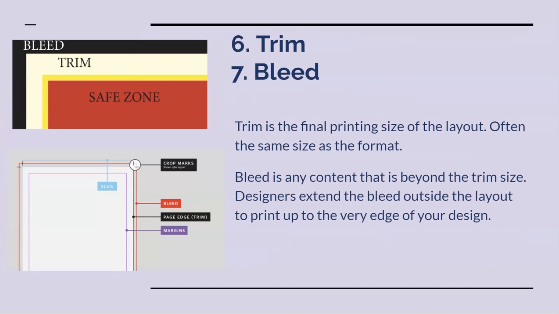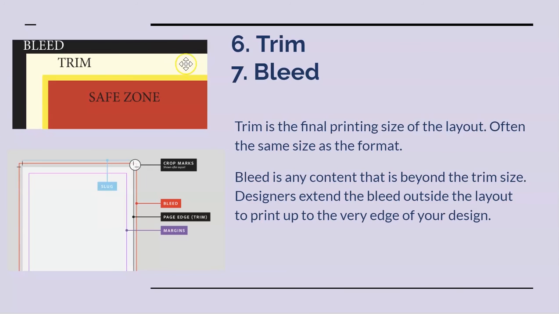Next we have trim and bleed. So trim is the final printing size of the layout. It's often the same size as the format. And bleed is any content that is beyond the trim size, and designers mainly use this so that they could use the full amount of their design, and they could go up to the very, very edge of the design.